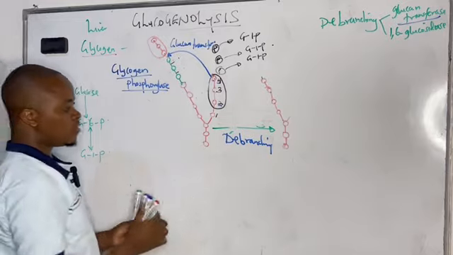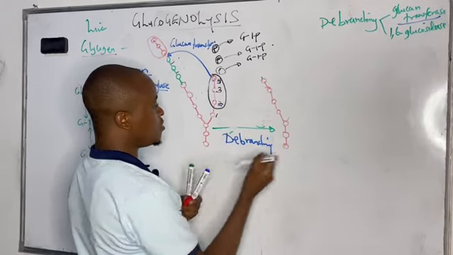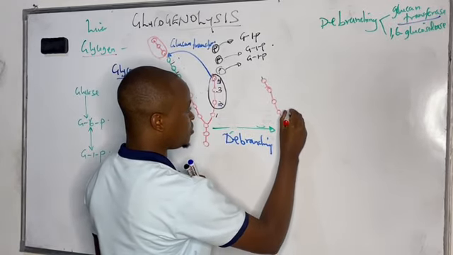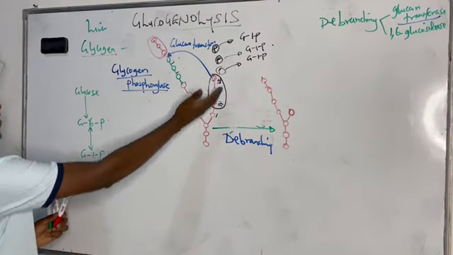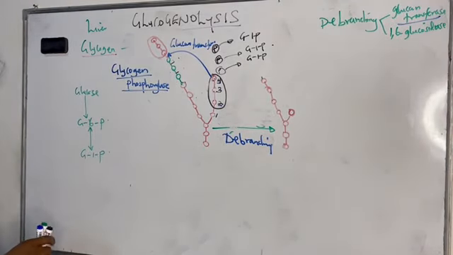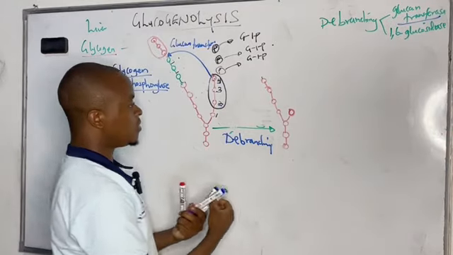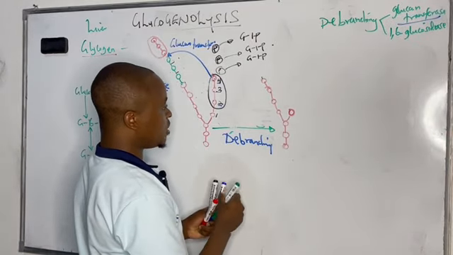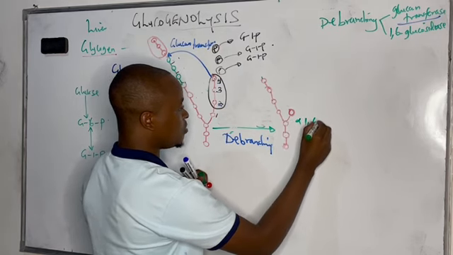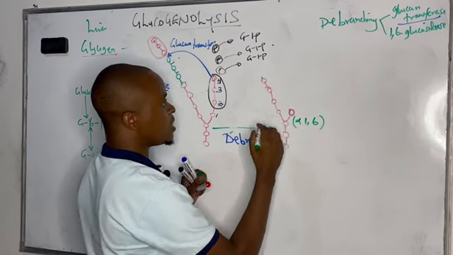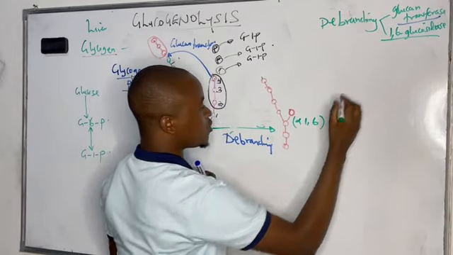After doing that, we remain with only one more molecule of glucose at the branch point. After transferring the 3, this one molecule is joined at the branch point via an alpha-1,6-glycosidic bond. So we need an enzyme known as 1,6-glucosidase.